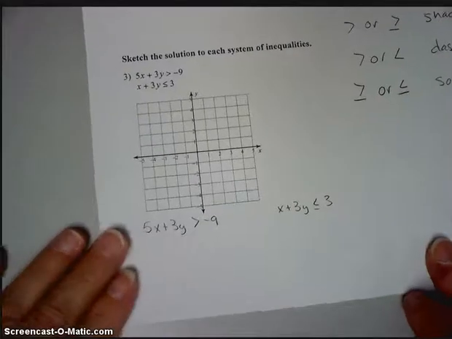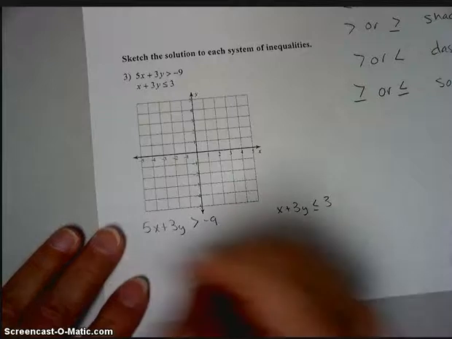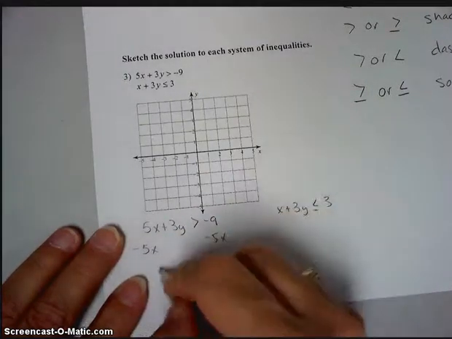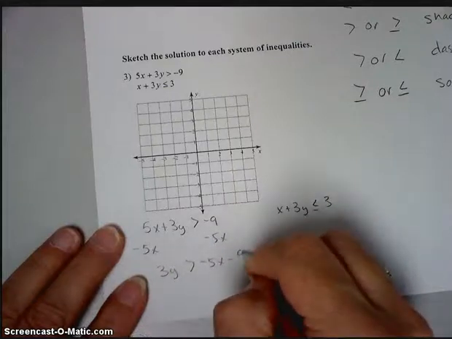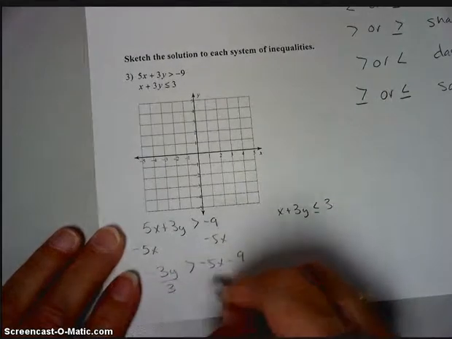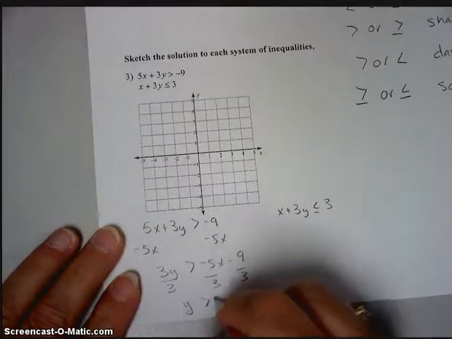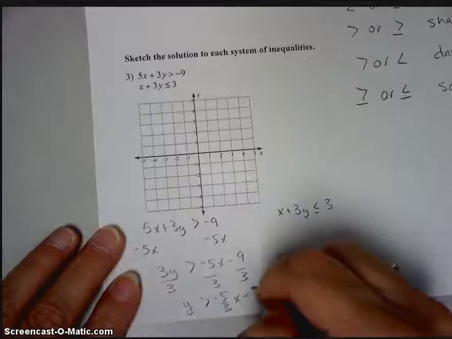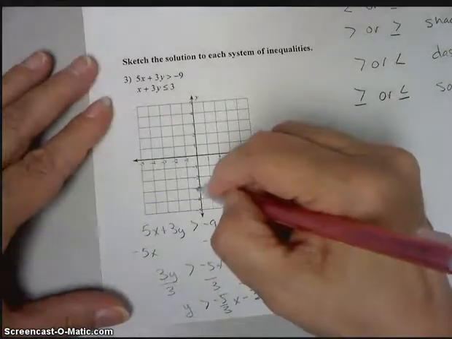Alright, so let's look at the next example. It is not written in slope-intercept form, so we have to rewrite it. Here you would subtract 5x from both sides. I have 3y is greater than negative 5x minus 9. Divide each term by 3, and I wind up with y is greater than negative 5 thirds x minus 3. Let's graph that one. My y-intercept is negative 3.